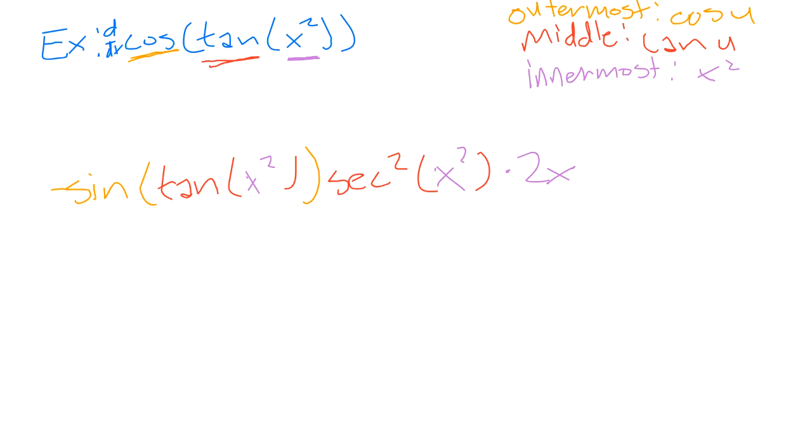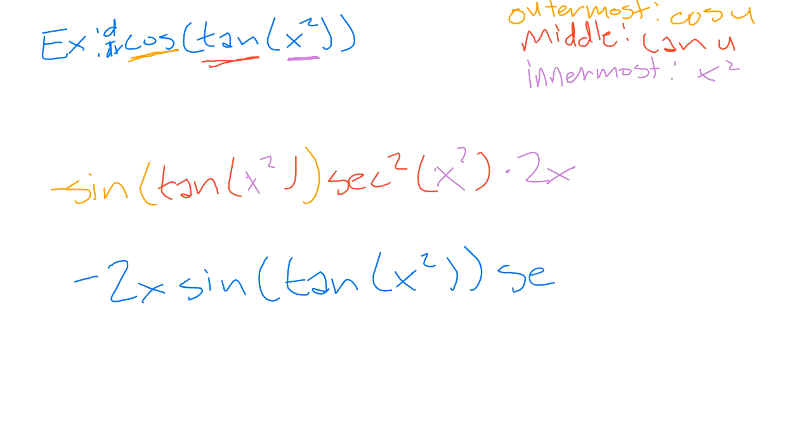So therefore, if we rearrange this a little bit, the final answer is negative 2x times the sine of tangent of x squared times the secant squared of x squared.